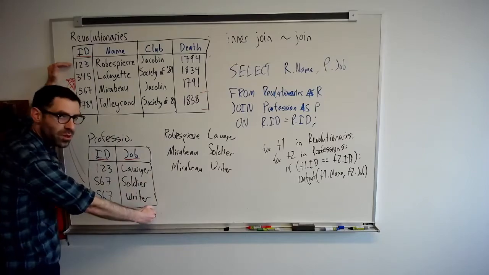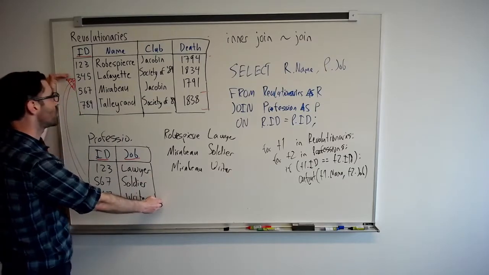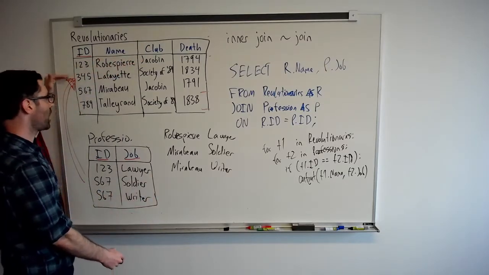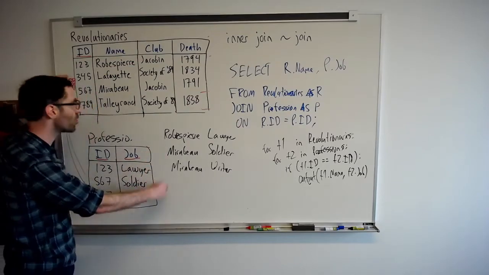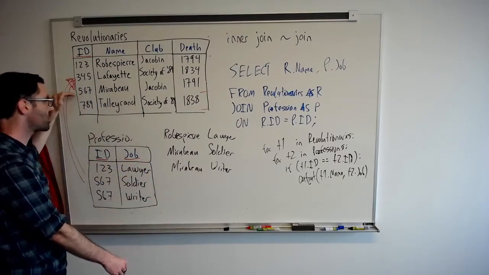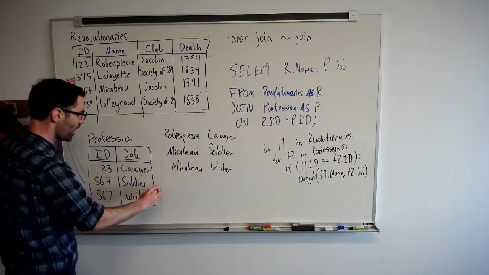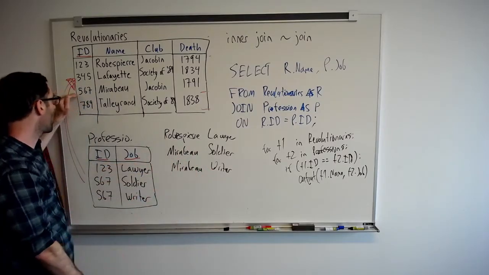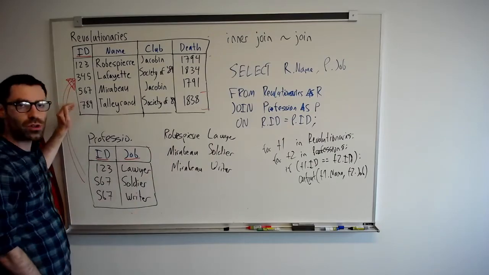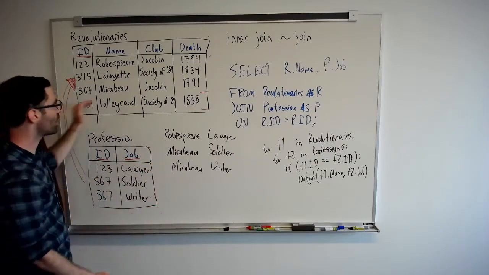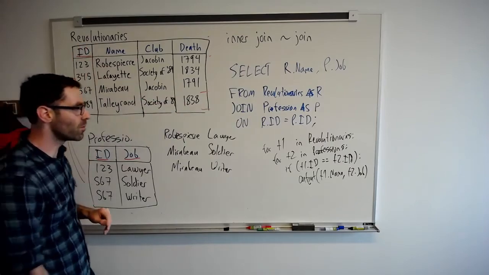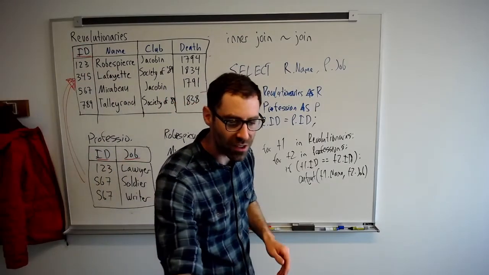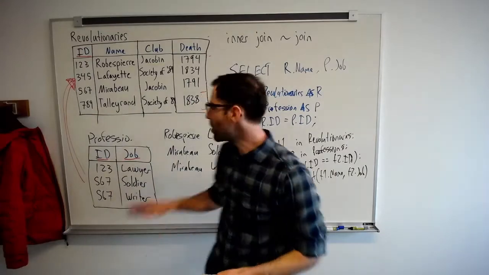All right, we've finished with the inner table. Go to the next tuple in the outer table, and then go through the inner table again. None of those matched. Next tuple in the outer table, Mirabeau, doesn't match, and then we get two matches. We output those to our query output, and then finish going over the profession table for the last tuple in revolutionaries. And so we get this sort of nested loop semantics for these joins.